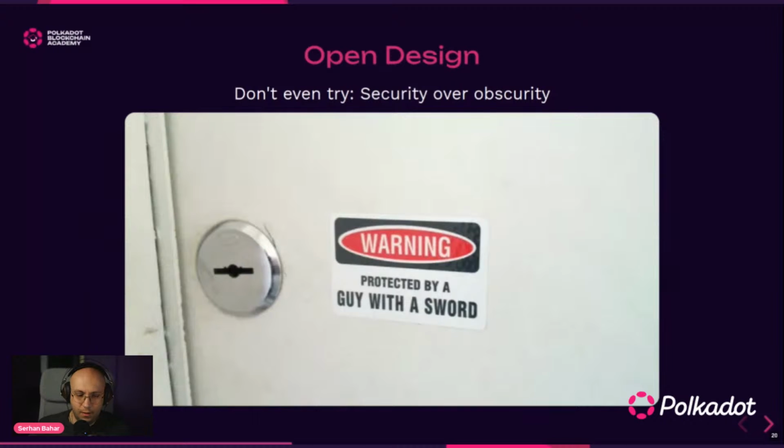So open design. Many years ago, security depended on security through obscurity. So in the security area, at a very early time, we could see there were some things like security through obscurity. Especially after Kerckhoffs's principle in cryptography, security has evolved to more likely that the design itself should be the open one.